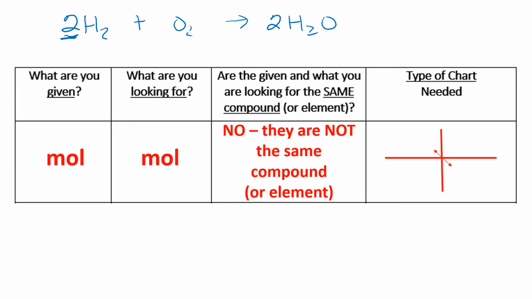So what you have here is the moles of the given, whatever our given moles are, whatever's in the question. And then the coefficient of the given, and then the coefficient of what we want.